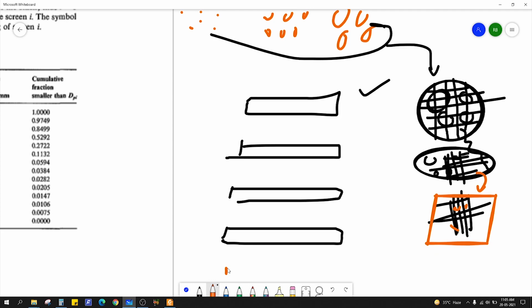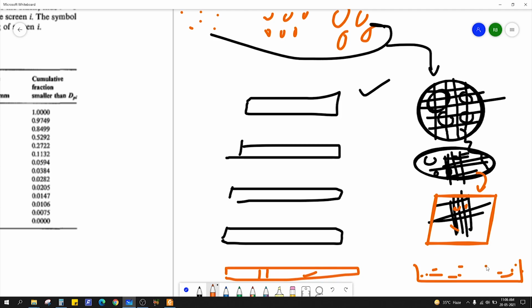At last we keep a pan here. Pan means just a pan. It doesn't have any pores. So I simply collect the smallest particle size here. These are called standard screens. And this is the pan. And this process is called screen analysis.